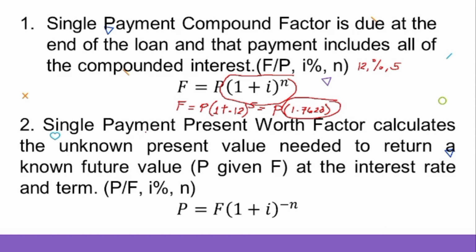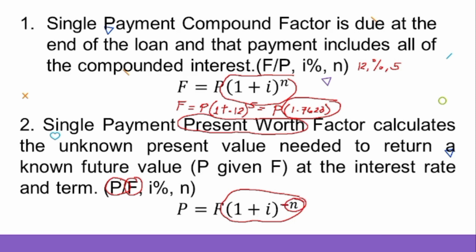Next is the single payment present worth factor. So, given the future value, given the future amount, we are to solve the present value using this factor, present worth factor. So, just substitute the interest and the number of compounding period here. Pero yun nga lang, negative siya.